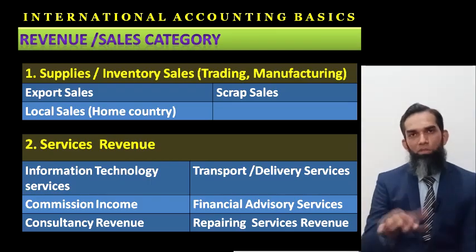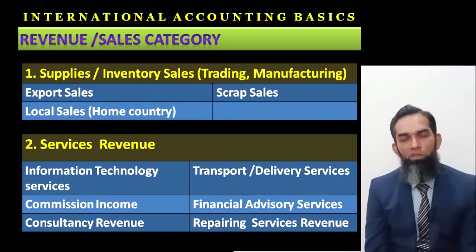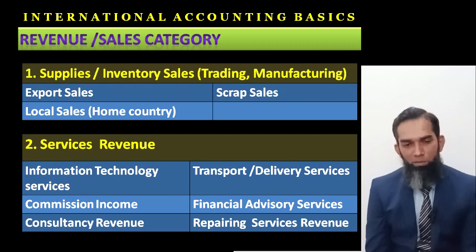So that amount of revenue is covered under the service revenue, and the supplies and inventory sales are actually the car and vehicle type of sales of the company. Services revenue can be categorized into information IT based services. Some provide transport services, delivery services, some commission based agent services, which are classified into service revenue.